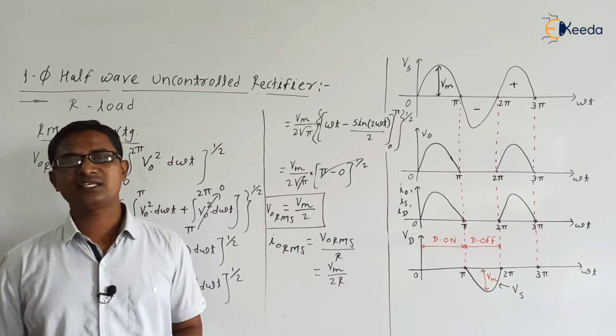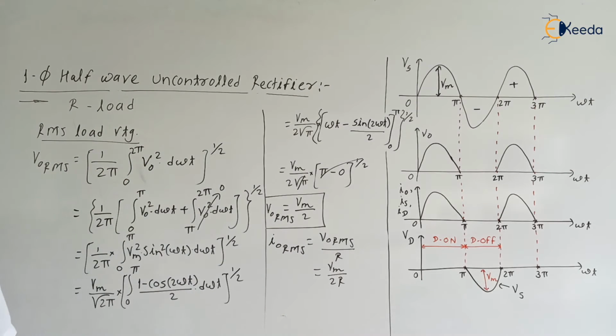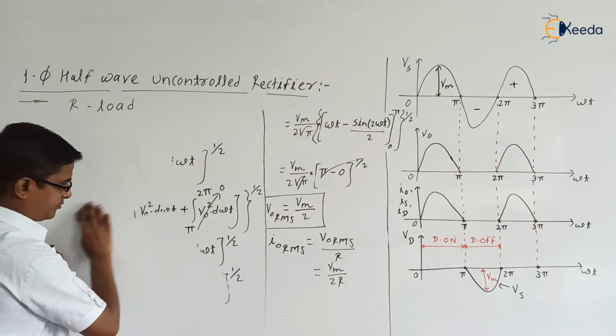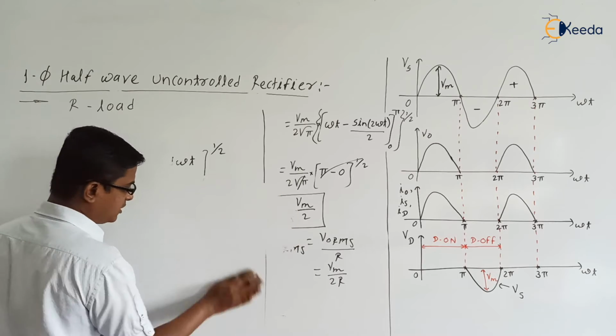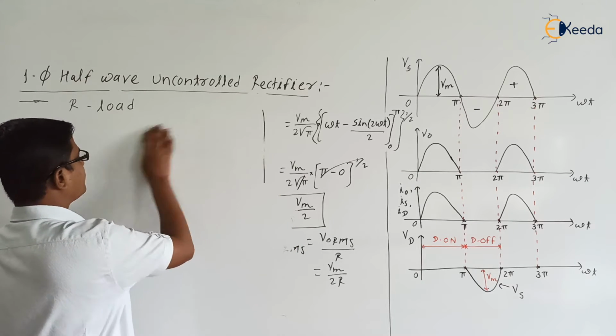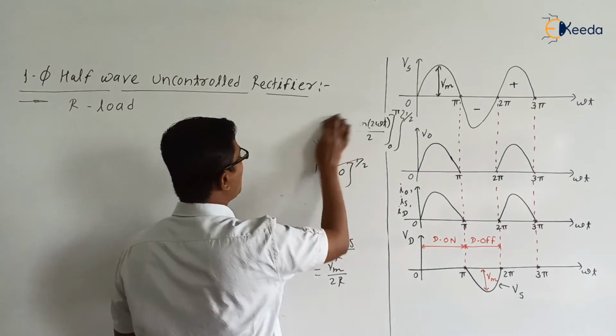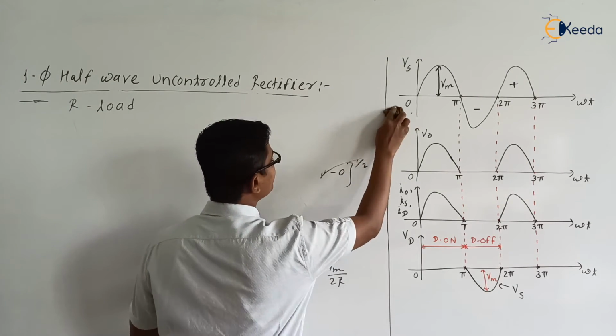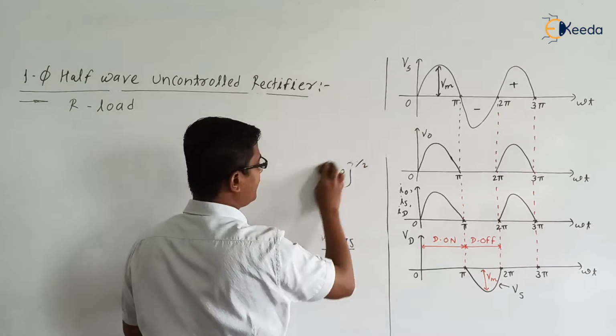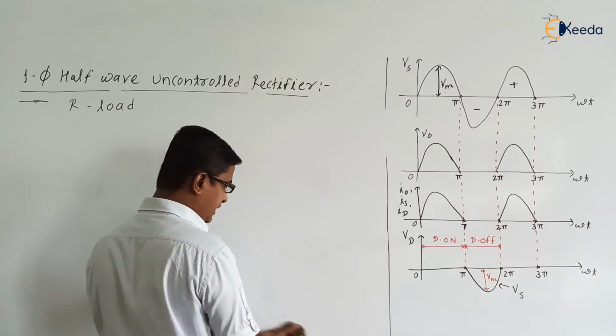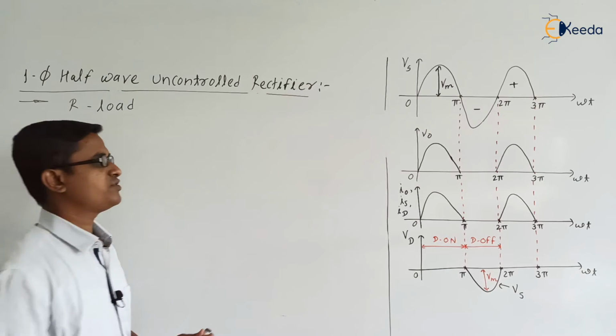Next, let us derive the expression of load power. Load power is nothing but power consumed by the load. But if you check the rectifier, in the rectifier, the output is AC or DC? Output is DC, right? And as I said, in the DC, the effective value is the average value.